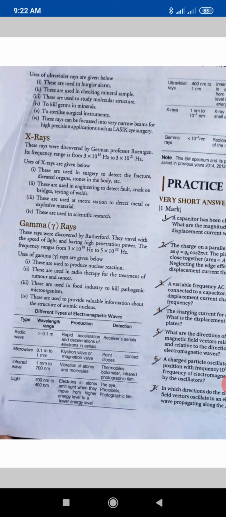Uses of gamma rays are: these are used to produce nuclear reactions. These are used in radiotherapy for the treatment of tumor and cancer. These are used to provide valuable information about the structure of the atomic nucleus.